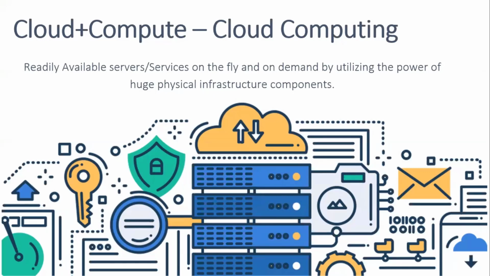Now after virtualization has taken place on the on-premises infrastructure, we create the server or the instance on top of the physical hardware, as we discussed yesterday. And when cloud computing comes in, the servers and services are all set up early, and based on the demand we can spin up the services or servers on the fly.